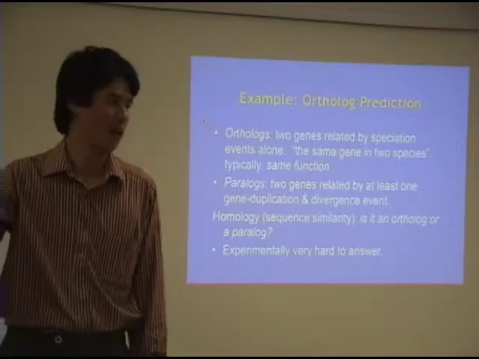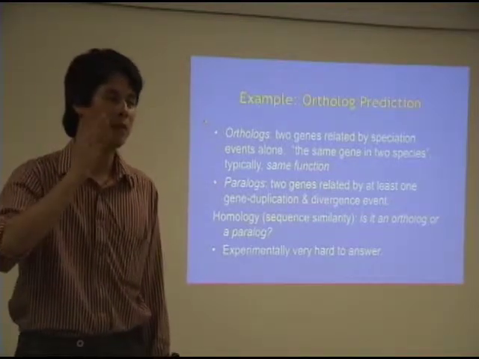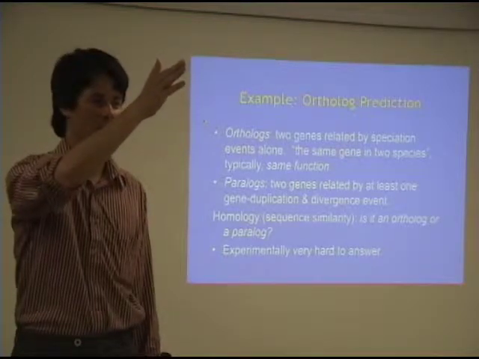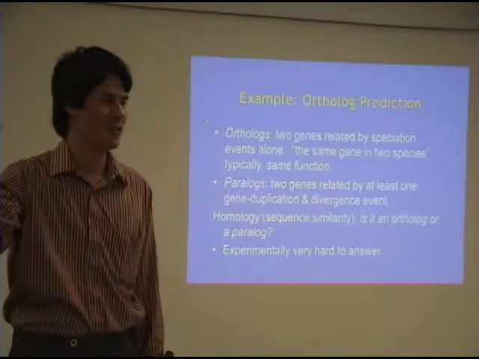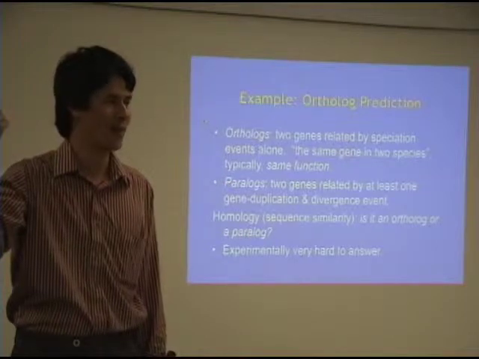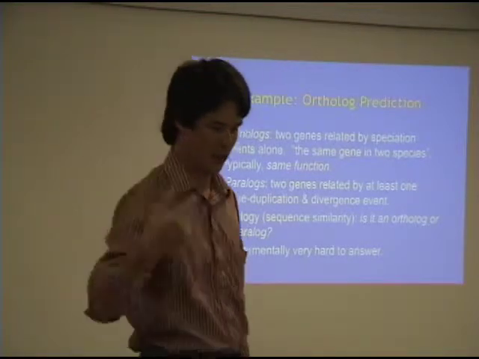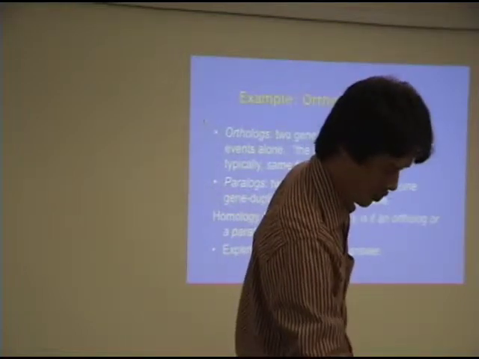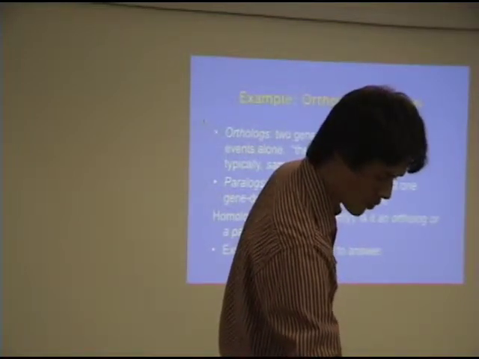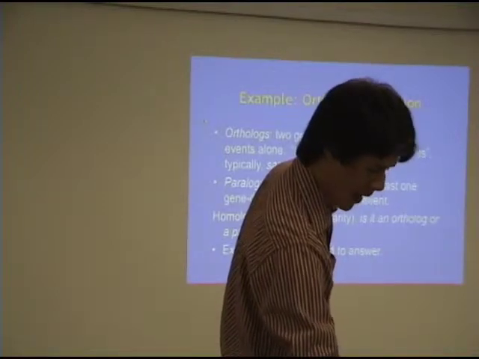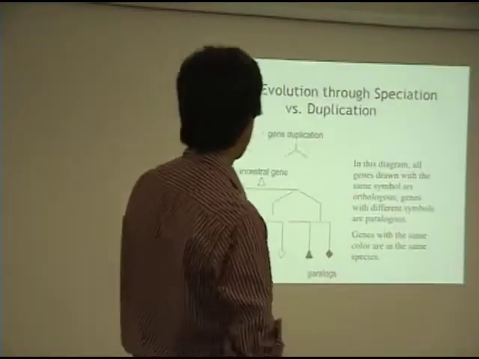You don't realize the other one is there. This one blocks that target gene successfully. Oh, but the other gene is a little bit different. It's still working. So your drug has no effect because the other gene is still carrying on the related function. So these kinds of questions, orthologs versus paralogs, have plagued medical research for decades.